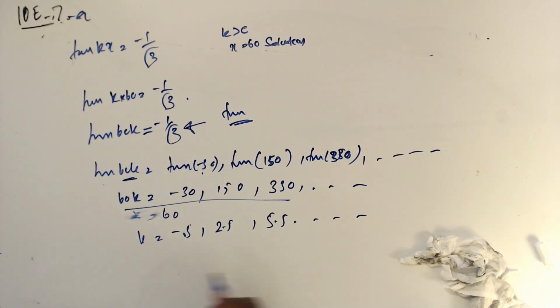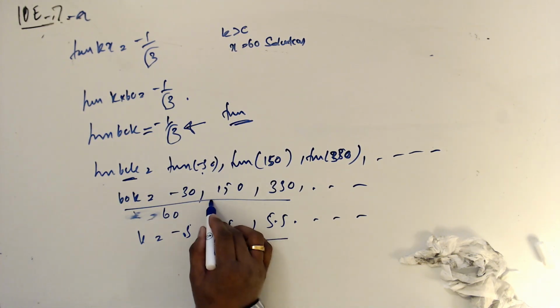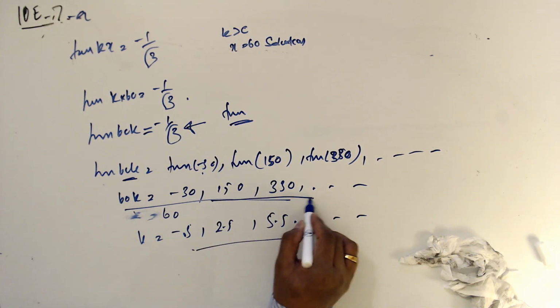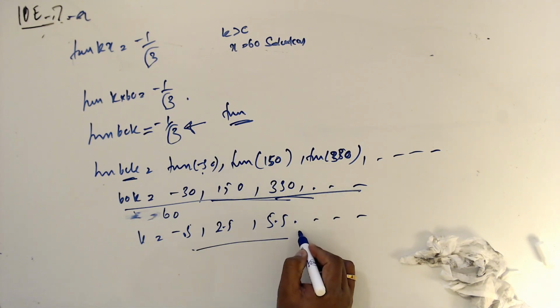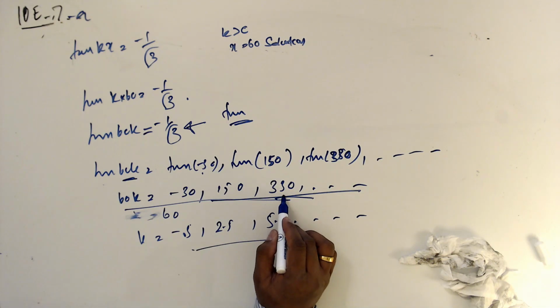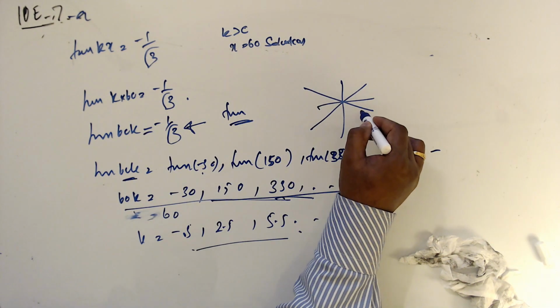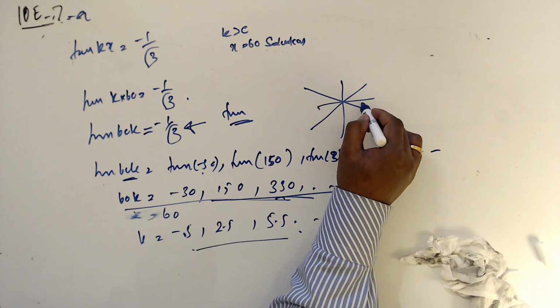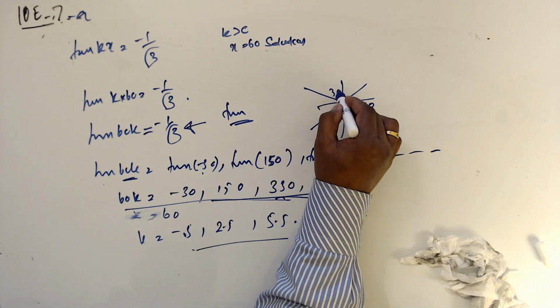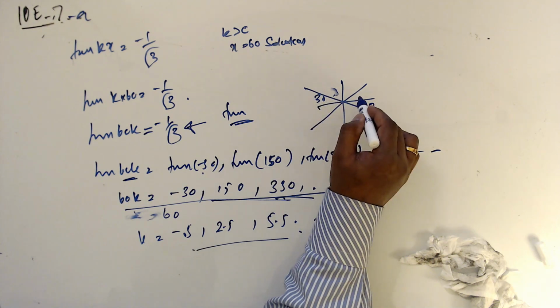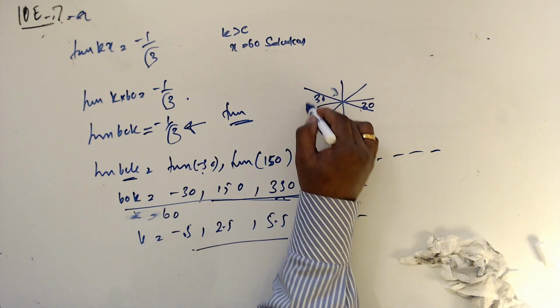So you can see that when k is increasing, this angle is increasing. In other way, when angle is increasing, k also increasing. For example, this is 330.